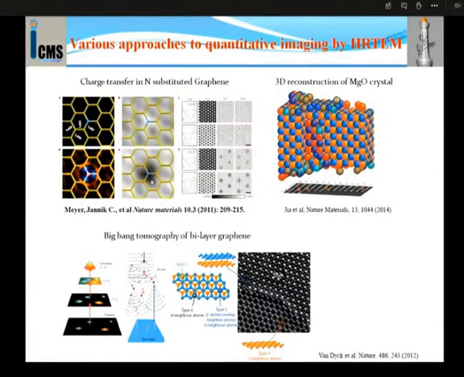It is not only the imaging of the atomic dots, but it's showing how one electron of nitrogen is shared by the surrounding carbon atoms. So one electron wave function is actually imaged by this technique. And from one micrograph, the complete reconstruction of all the atoms in the MgO crystal has been shown, and also for bilayer graphene by another theoretical method called big bang tomography.